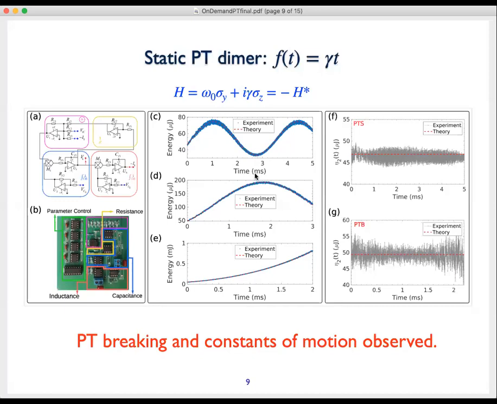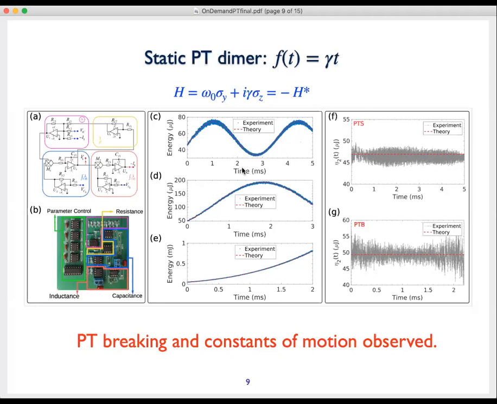For this particular system, it turns out there are two linearly independent constants of motion. They are given by sigma y, that is one, and the other one is sigma y times the Hamiltonian.